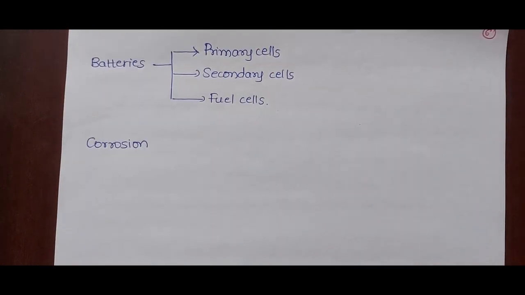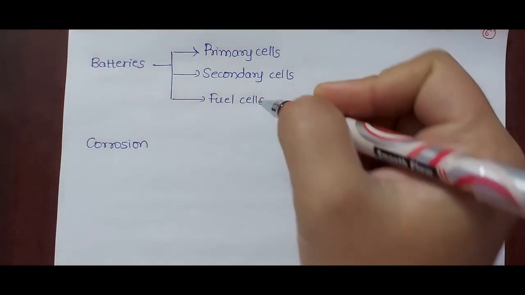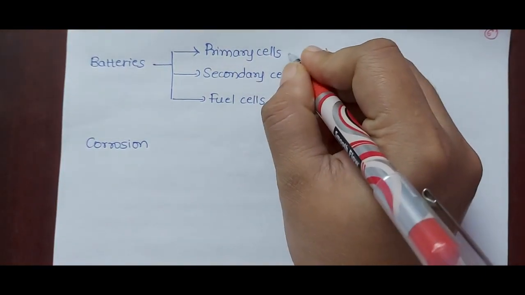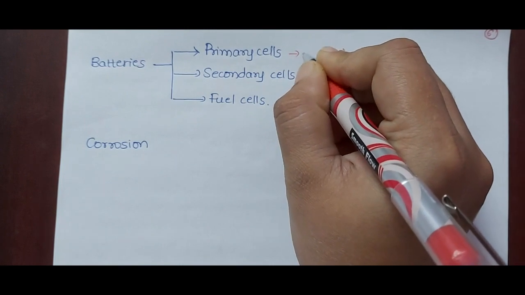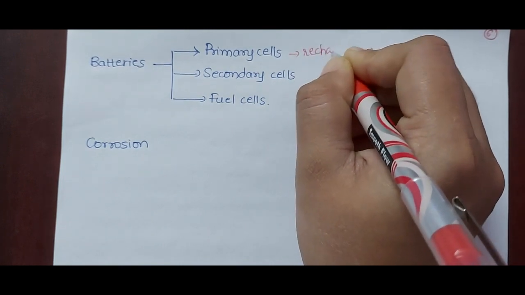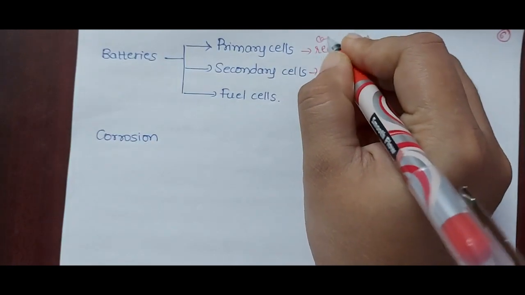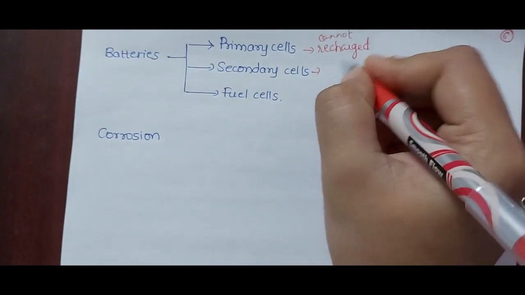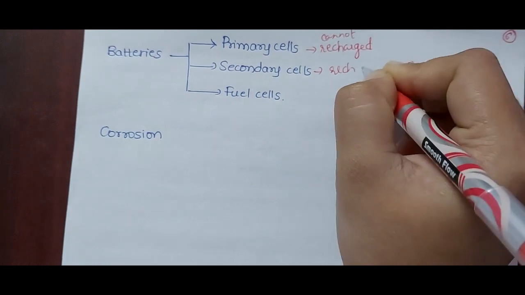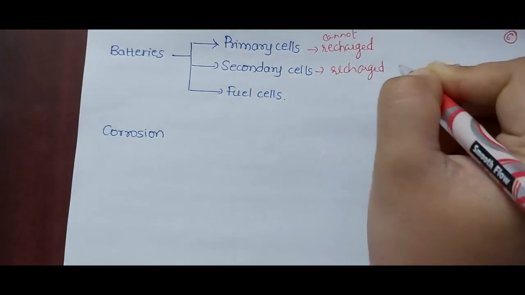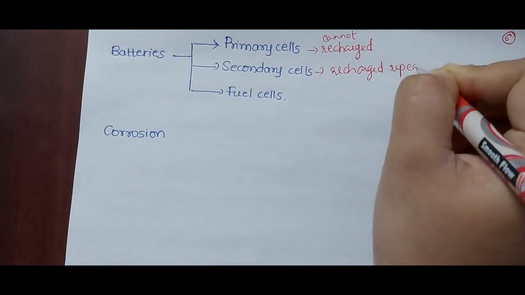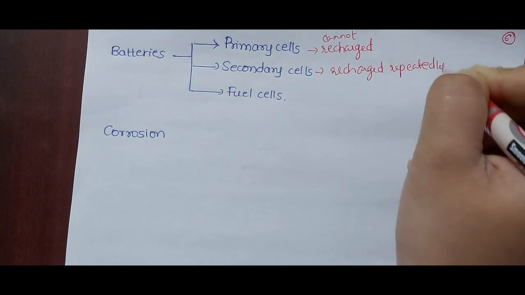Then the last topic here, batteries. In batteries we have primary cells, secondary cells and fuel cells. Primary cells, which cannot be recharged further, we call primary cells. Secondary cells can be recharged repeatedly on discharging, so we call them secondary cells.